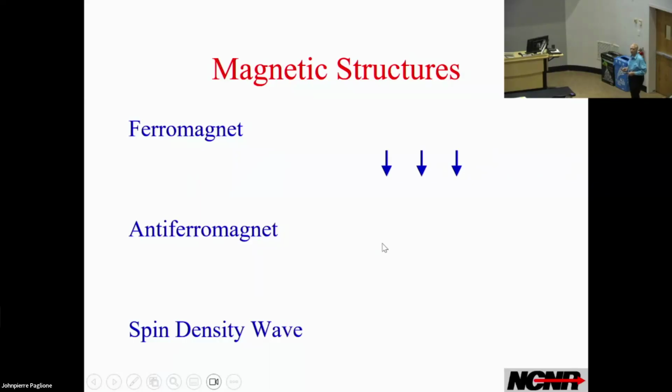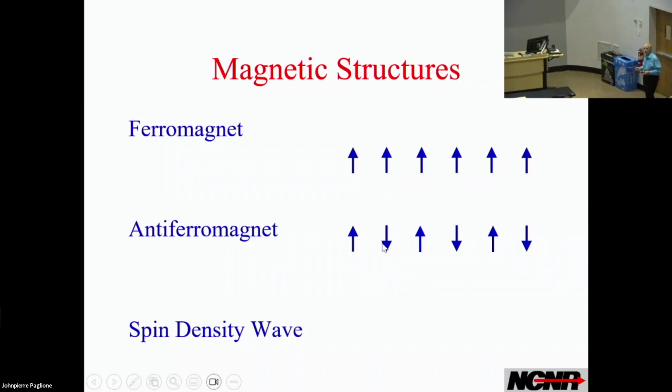And the third spin's got to be parallel, and parallel, and parallel, and parallel. Okay, so there's a ferromagnet. I'll bet nobody's ever seen a ferromagnet like that. You look in the textbooks, they're always up. But down is just as good as up. Right? Or any other angle, as long as the spins are parallel. That's a ferromagnet.